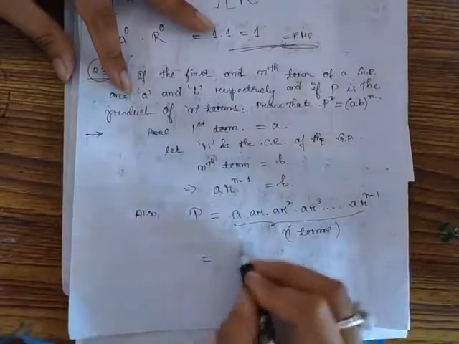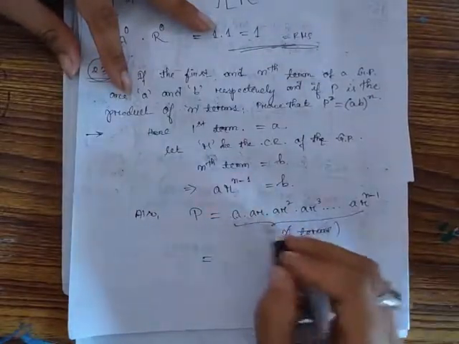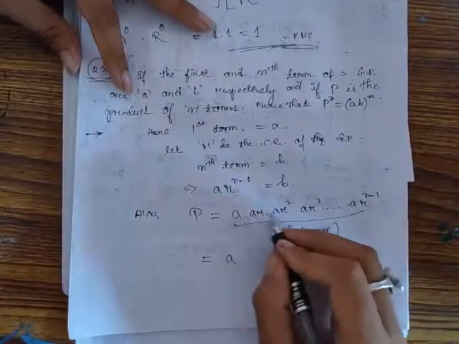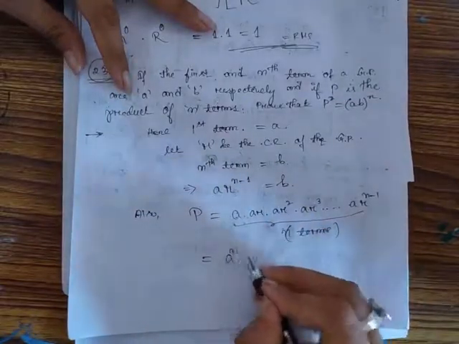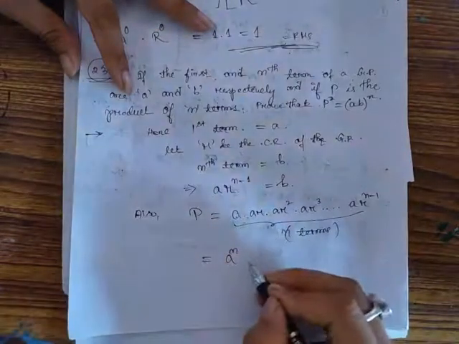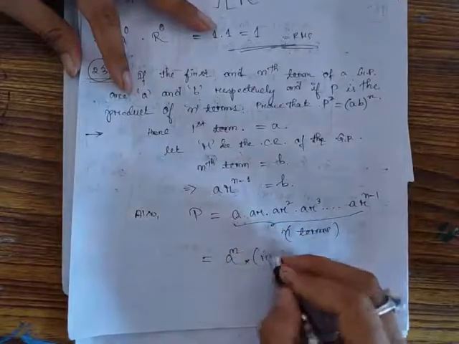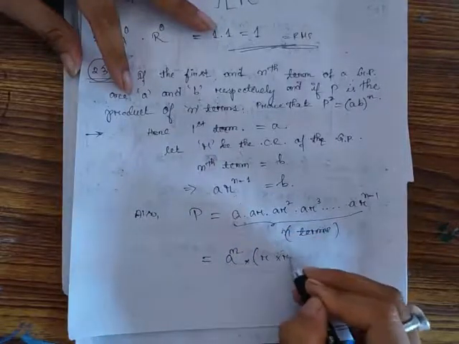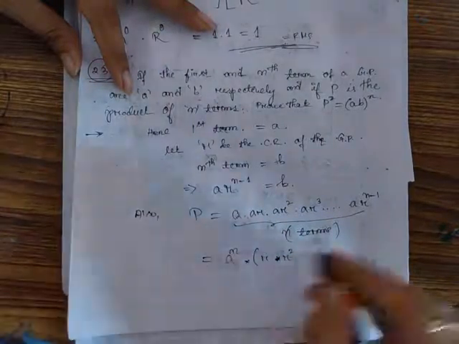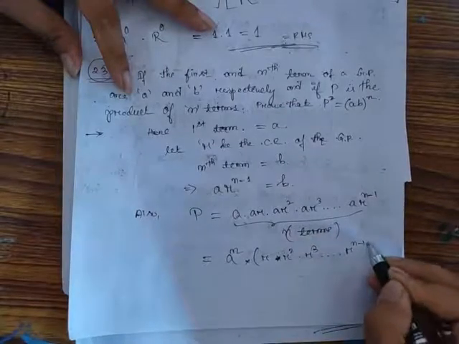In every term you have a, so if we take the product you will get a to the power n, and we will be left with r to the power 1 (the first term has r to the power 0), r, r square, r cube, goes on to r to the power n minus 1.